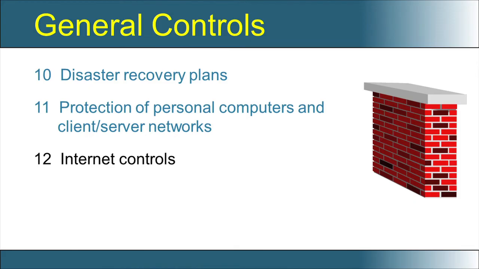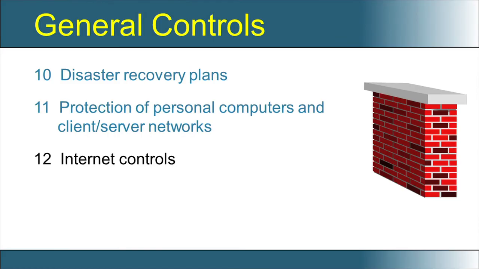The next one is a more specific type of control which we call internet control. This is basically connecting the information assets that you have to the external world, and there stronger firewalls and policies should be in place so that unauthorized access to your information asset is prevented.